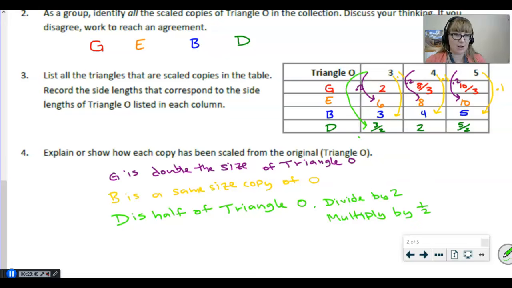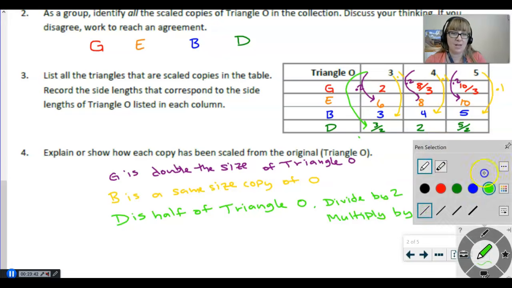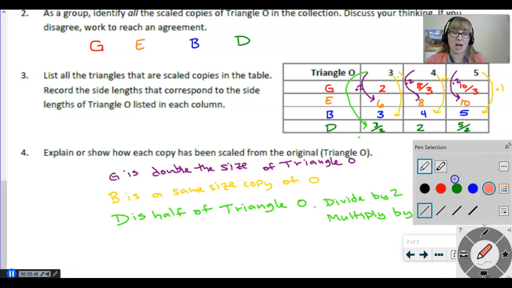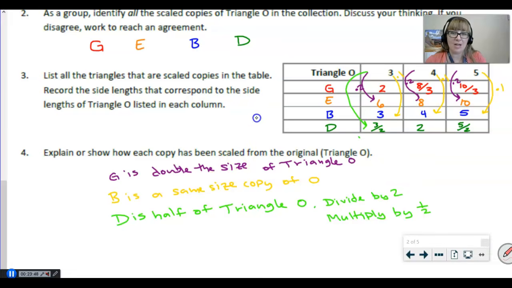And finally, this one is the most challenging of all. Let's look at triangle G. In triangle G, how is it changing? Is it scaling up or is it scaling down? How does that 3 change to be a 2? How does that 4 change to be 8/3? And what we're really doing is we are multiplying by 2/3.